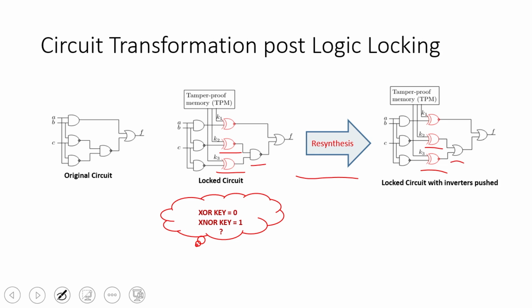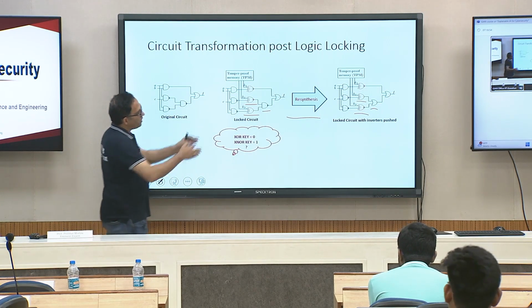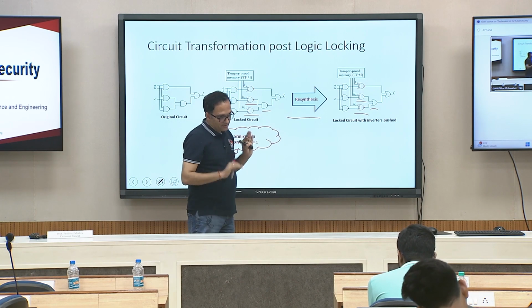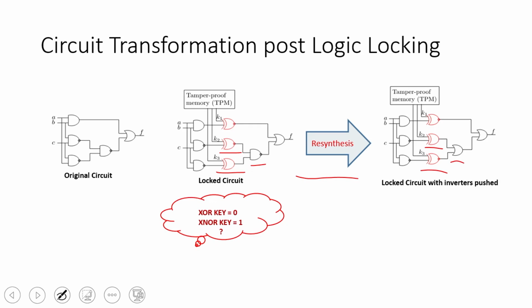Resynthesis is basically the logic synthesis tool, which applies many optimizations, so they can make some modification. You have only this design with you, nothing else. Here you know which are the key inputs and which are the actual inputs, and you do not have the oracle. Your objective is to use a machine learning technique that will guess the correct key values. That is the idea.